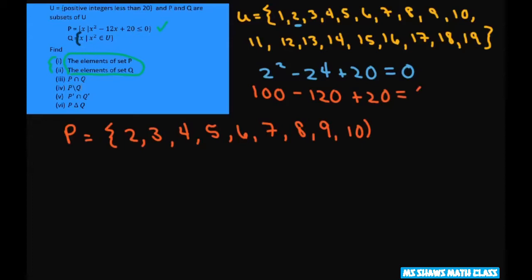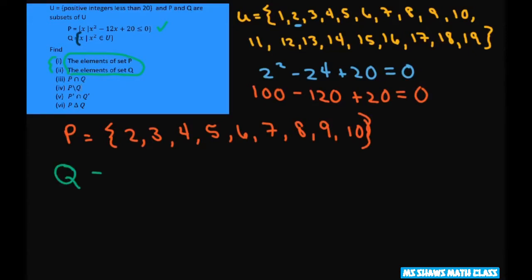That also equals 0. After that, all the numbers are going to be greater than 0. So basically, we're looking at our set from 2 to 10. That's your P.